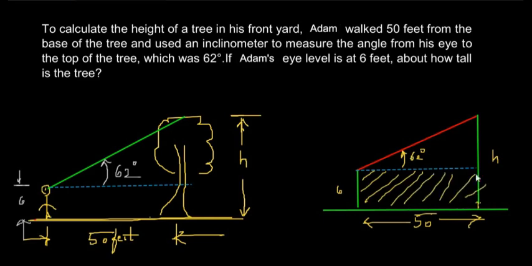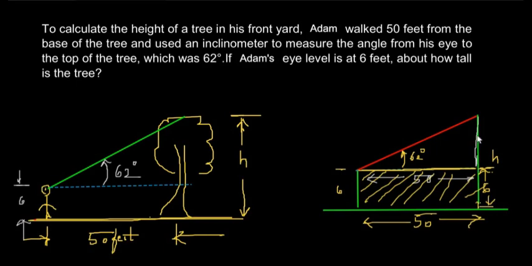That means this height which we have here is also 6, because the opposite side is 6. So we have this height as 6, and if this side is 50, we have this side as also 50. So we can write it as 50 over here as well.